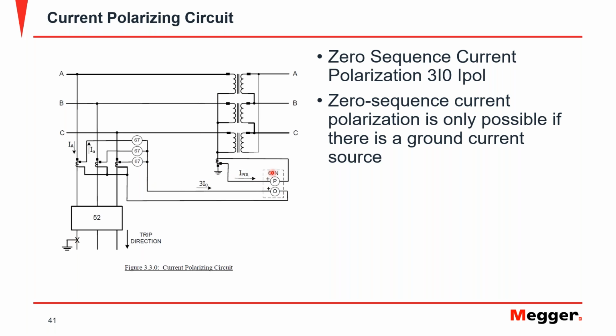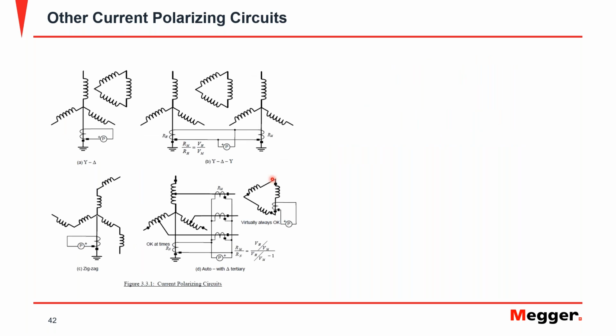As we can see in this case, we are using the residual current as a polarizing quantity for the 67, and then we are using this 3I0 coming from this relay to compare the signs of them. If they are circulating in opposite directions, then we say that the trip happened in the reverse direction, and if they're circulating in the same direction, then the trip happened in the forward direction. And there are many different ways of doing that.